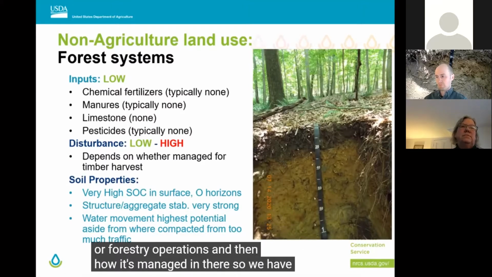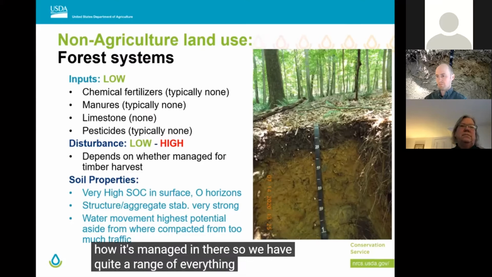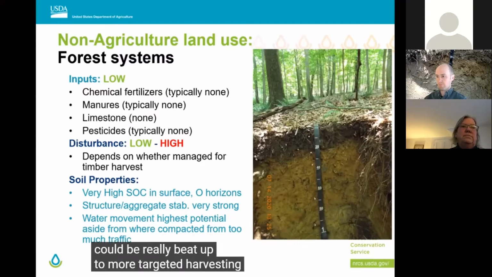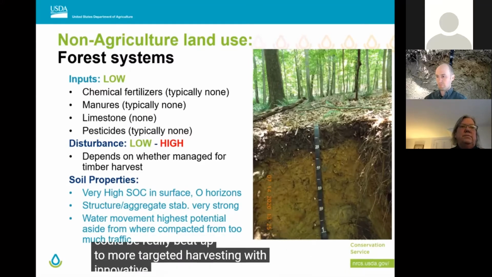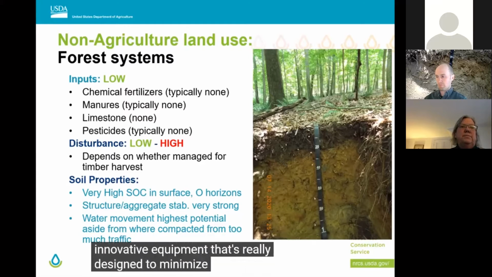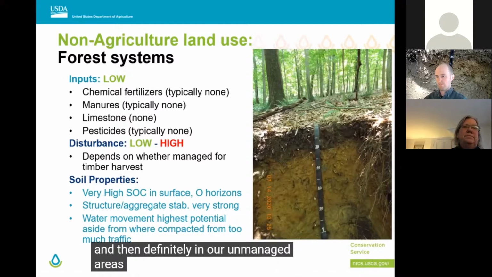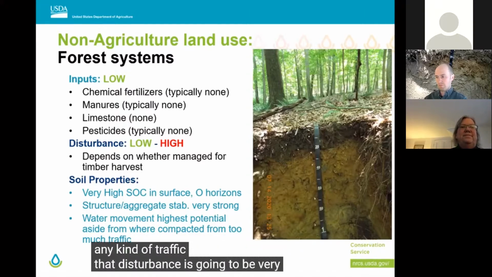So we have quite a range, from something clear cut under poor soil moisture conditions, which could be really beat up, to more targeted harvesting with innovative equipment that's designed to minimize soil disturbance. And then definitely in our unmanaged areas where they're not getting any kind of traffic, that disturbance is going to be very low.